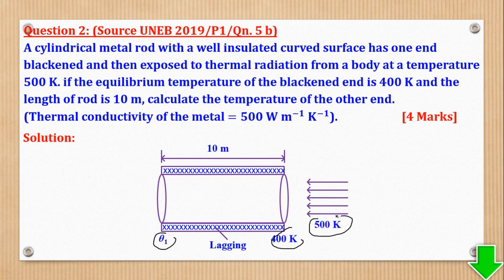And this radiation is 500 Kelvin. Okay, so they said if the equilibrium temperature of the blackened end is 400 and the length of the rod is this, calculate the temperature of the other end. What you need to know is that the rate of heat flow is the same.